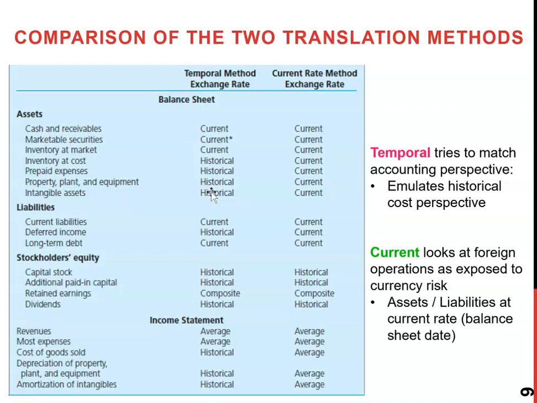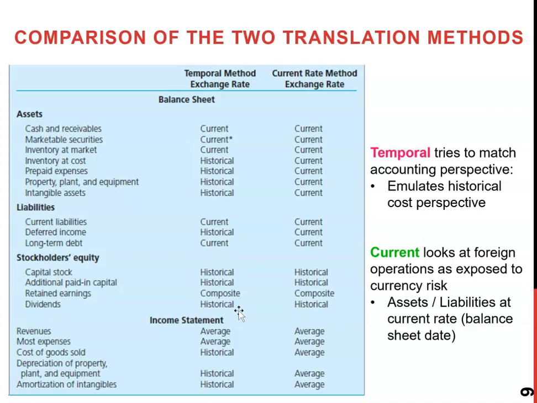You will also see that this historical method matches our core accounting principles. One of the core principles is the cost principle. The cost principle says that long-term assets, plant, property, and equipment, we always record at the historical cost. That means when you purchase it, you always record it at the purchase price.